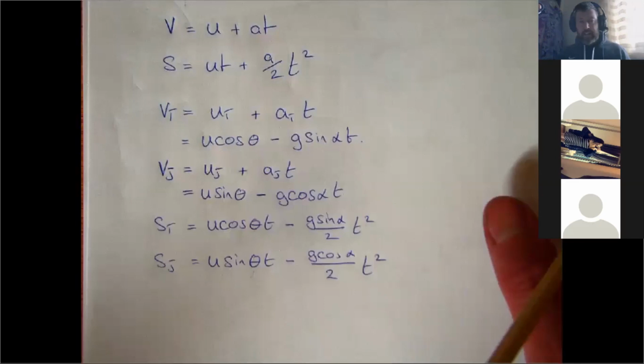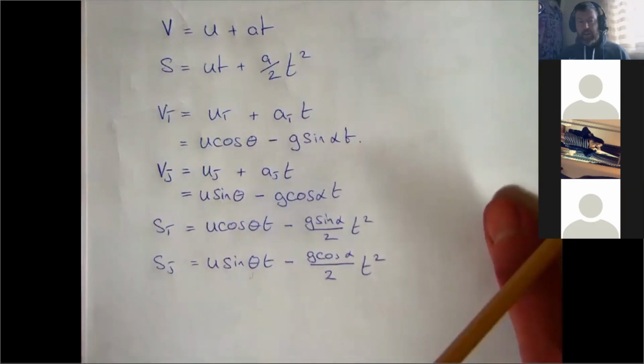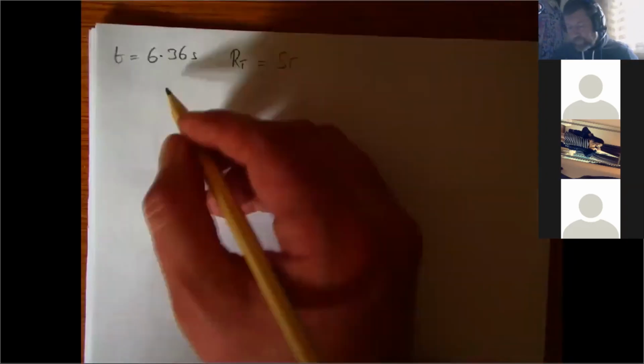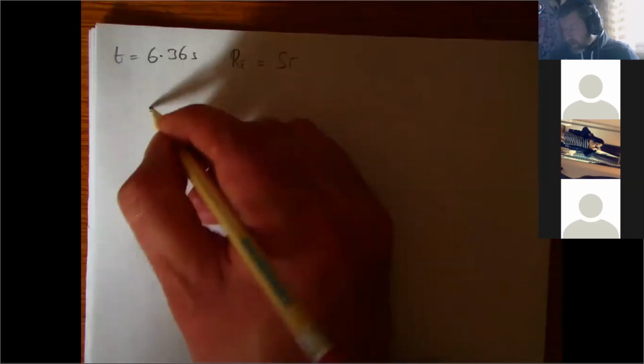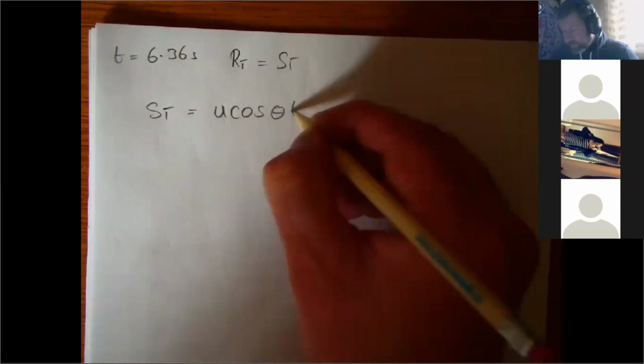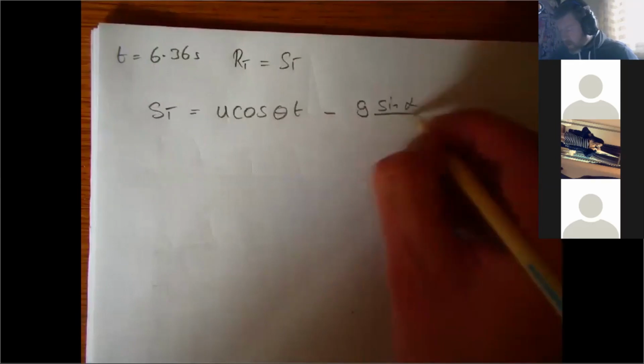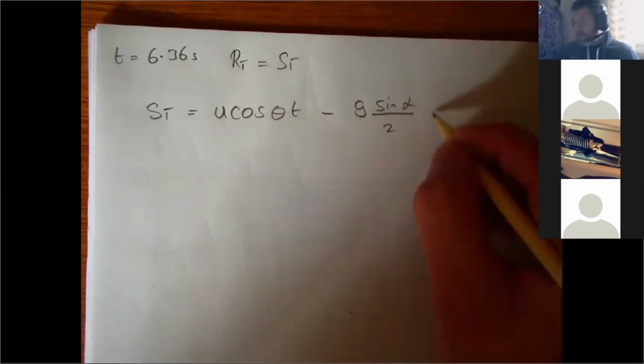The distance in I is u cos theta t minus g sine alpha over 2 times t squared. So S of I is equal to u cos theta t minus g sine alpha over 2 times t squared.